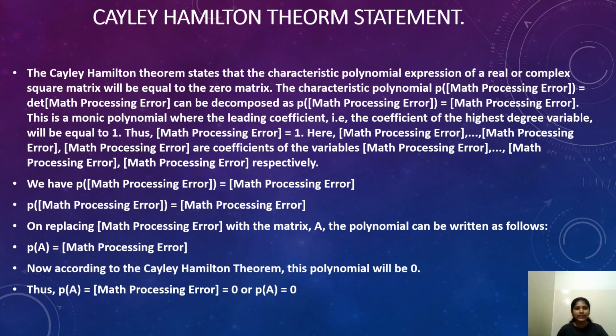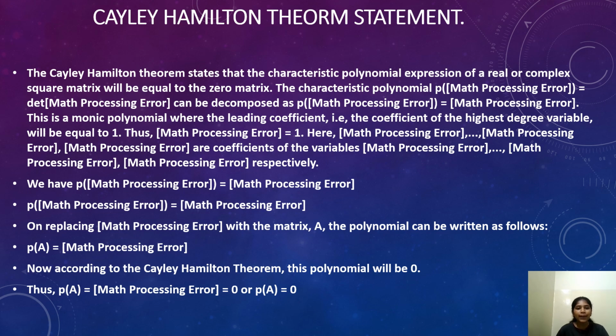Now we learn about the Cayley-Hamilton theorem statement. The Cayley-Hamilton theorem states that the characteristic polynomial expression of a real or a complex square matrix will be equal to the zero matrix. The characteristic polynomial P of lambda, which is equal to the determinant of lambda I minus A, can be decomposed as a monic polynomial where the leading coefficient is 1.